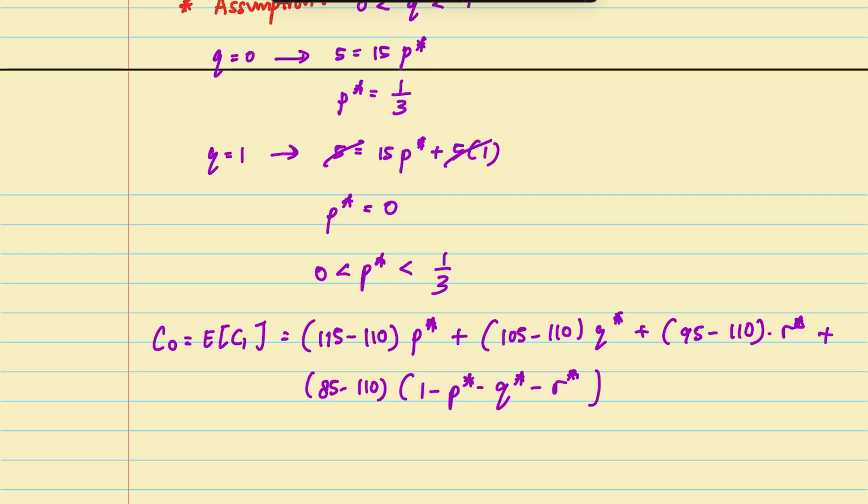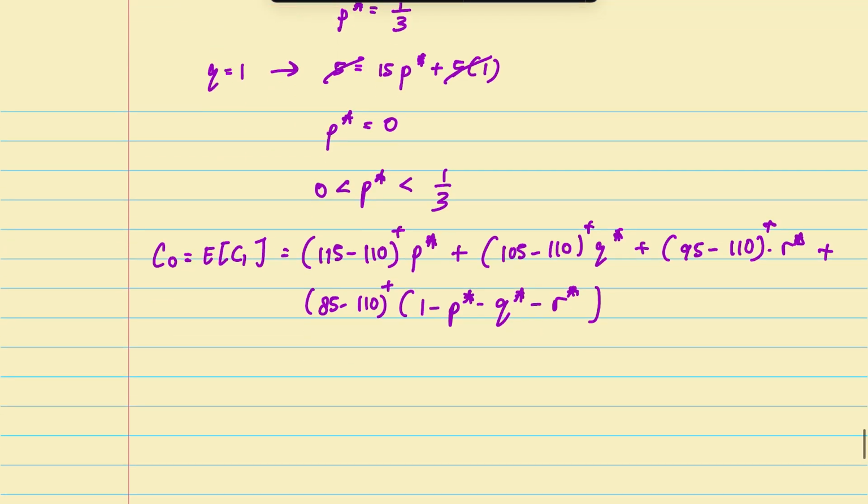We need to put a plus here to indicate that the smallest possible value is 0, because anything below 0 we won't exercise the call option.